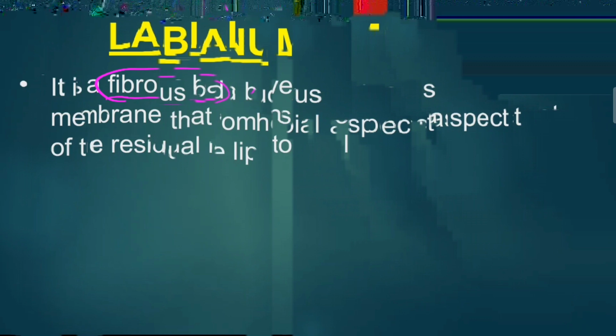We can see in this diagram, this is a ridge, this will be the posterior palatal seal area.